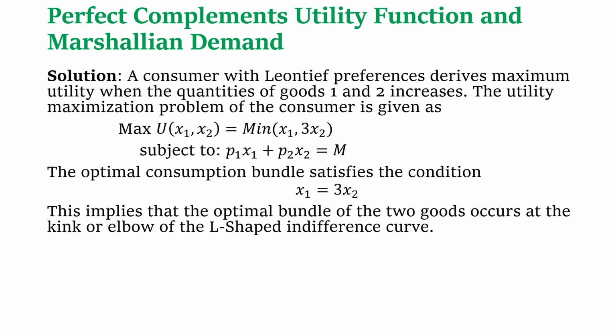If one of them increases and the other stays the same, the consumer is not going to derive maximum utility. The only way is if both goods increase at the same time and at the same rate, by the same amount. Otherwise, it's not going to maximize utility.